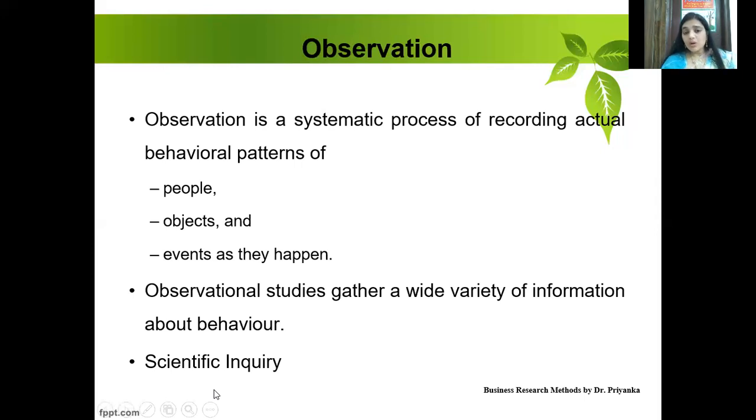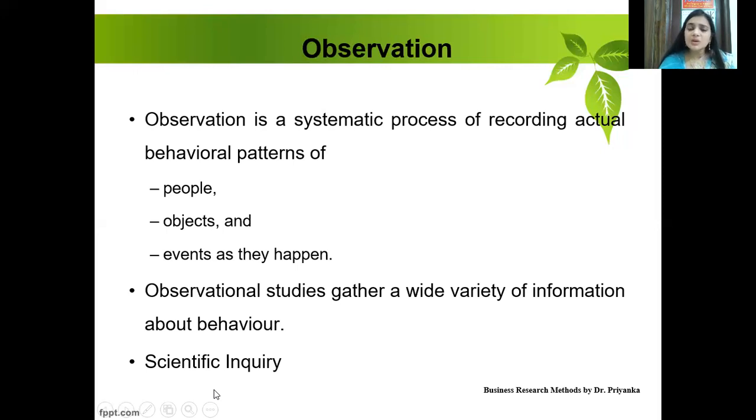So I can call observation a scientific inquiry if it serves a formulated research purpose, or it is planned systematically and recorded systematically, and it's related to general propositions rather than being presented as reflecting a set of just interesting curiosities, and is subjected to checks or controls on validity and reliability.